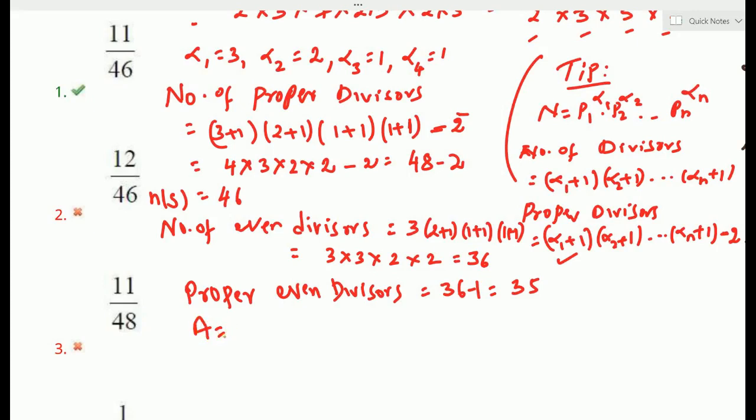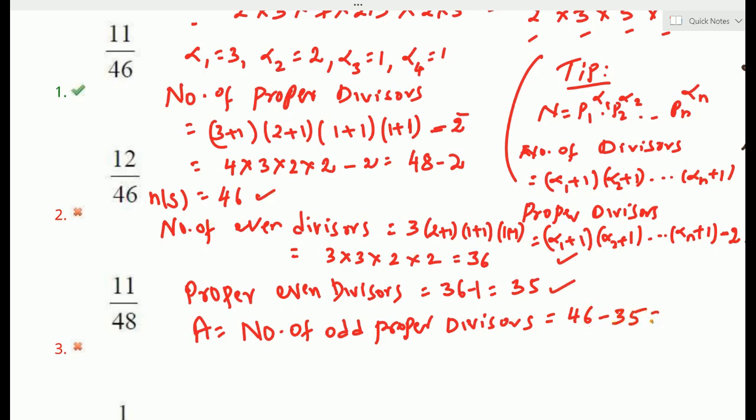Odd divisors means, out of the total divisors, the number of odd proper divisors we can take as supported events A. Total number of proper divisors we got is 46, minus even proper divisors 35, that is 11. This 11 indicates the number of odd divisors. Therefore n of A is equal to 11.